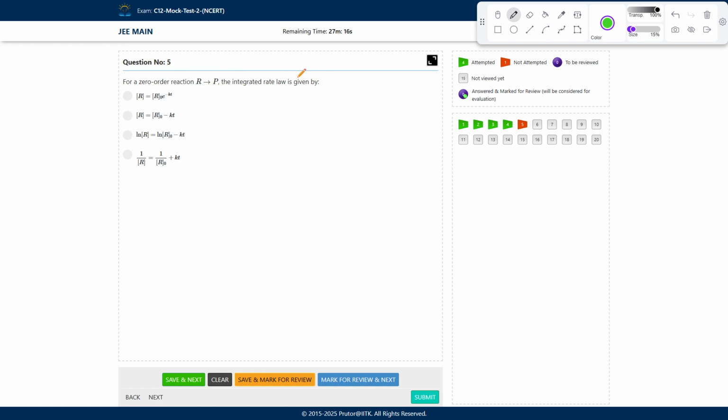Then the integrated rate law will be, so as we have discussed, minus dR by dt, you can write it as K times the concentration of reactant, but here it is a zero order reaction, so concentration of reactant is going to have power 0. Now this will become equal to 1. So minus dR by dt will become equal to K. You can write it as minus dR equals K dt.